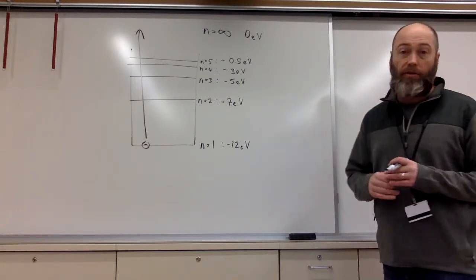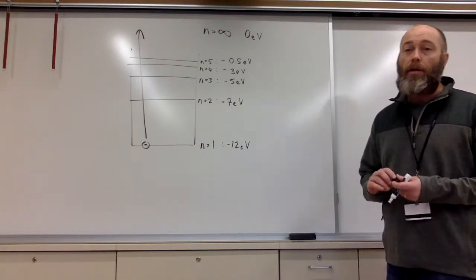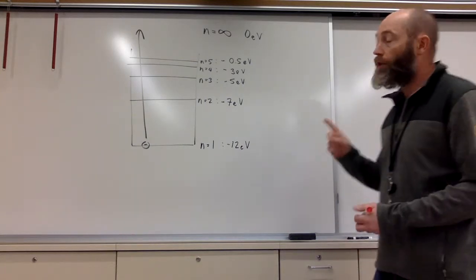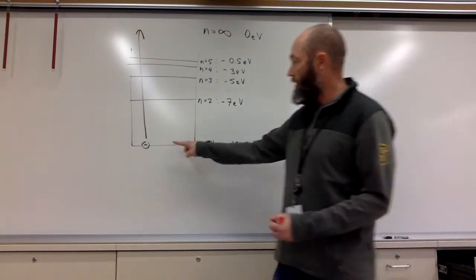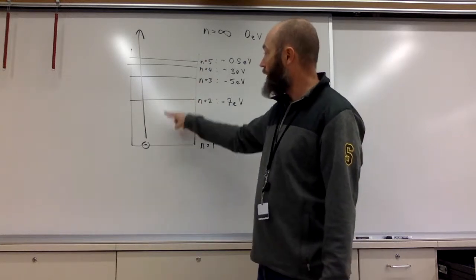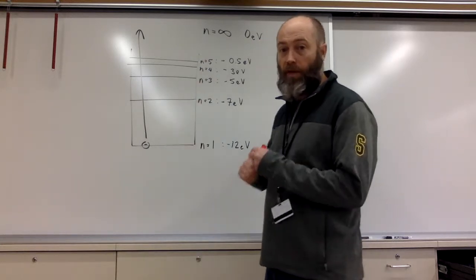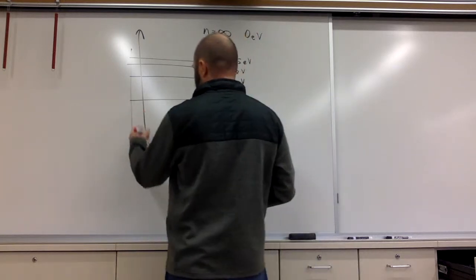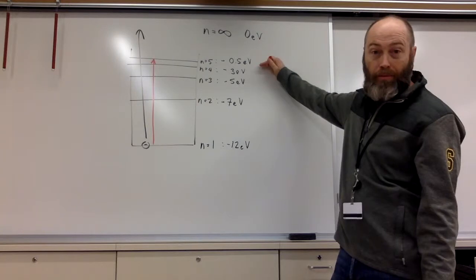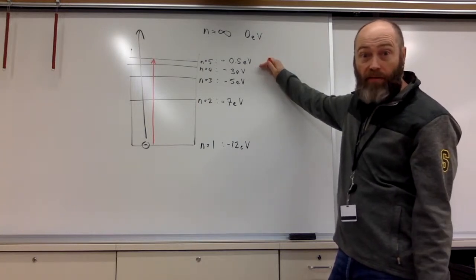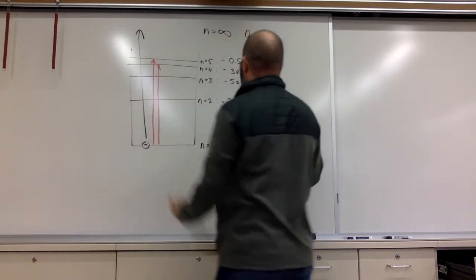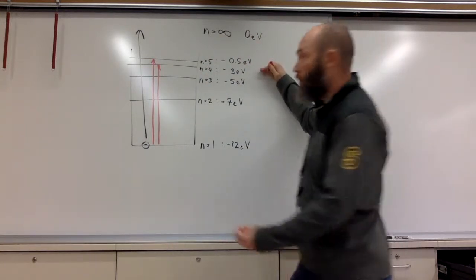The other thing to keep in mind is that this atom could only absorb the difference in energy. For example, if you went up to here, you're absorbing an 11.5 EV photon. You could absorb a 9 EV photon.